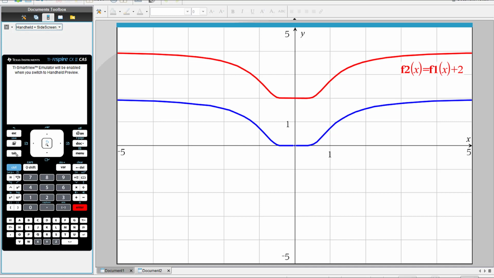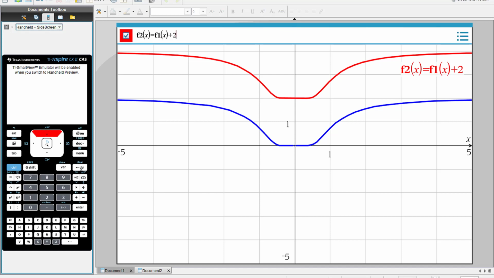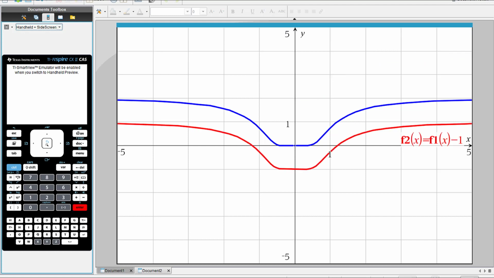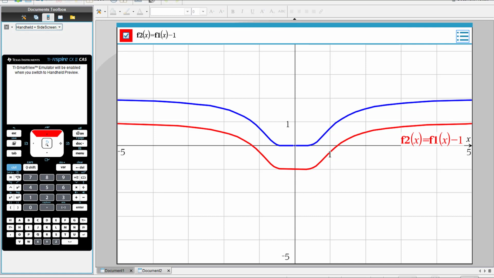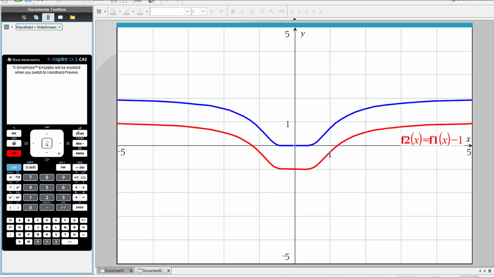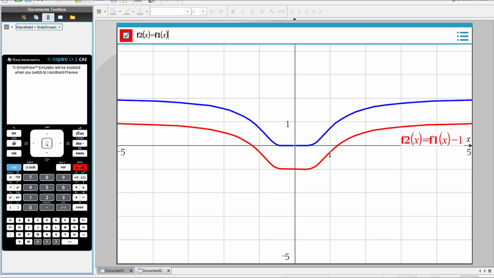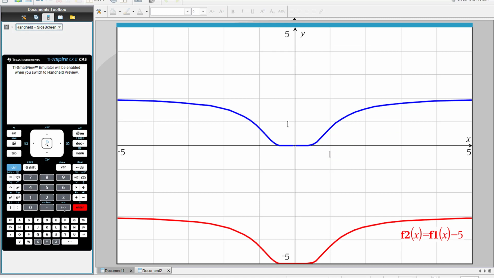So let's think about if I were to instead sketch the graph of f of x minus 1. What are you going to expect to see when I press enter here? Okay, and hopefully your suggestion is it should be f1 of x, which is the blue graph, translated down by 1. There we go. Again, if you were to change it to f1 of x minus 5, it would be the graph translated down by 5.